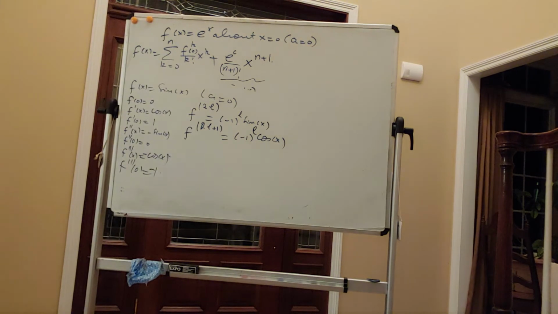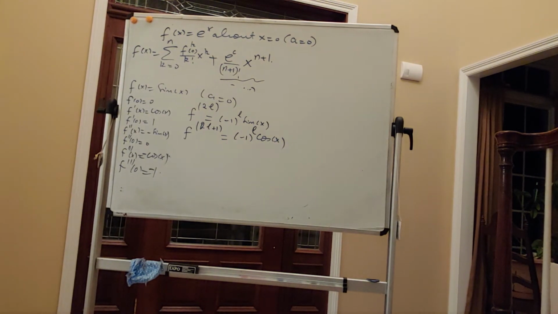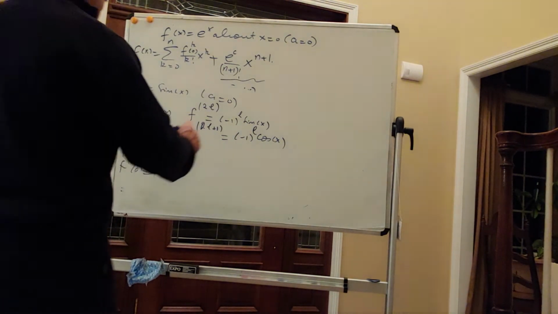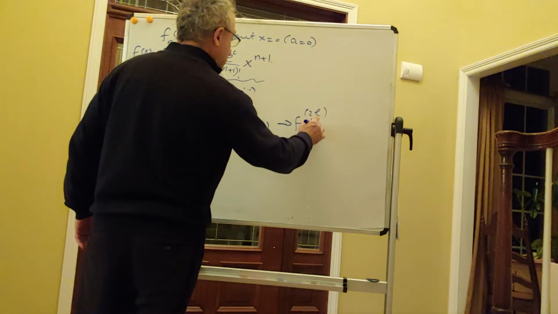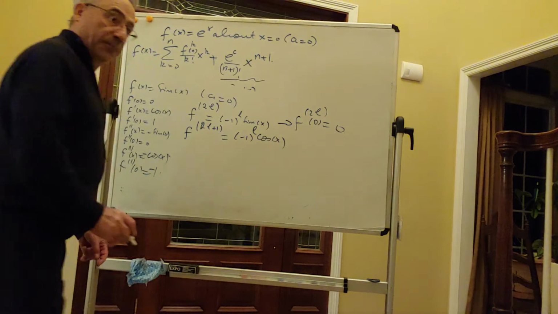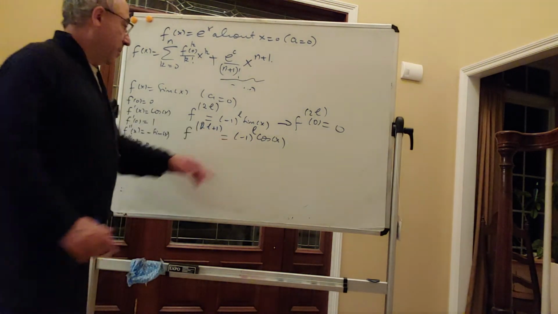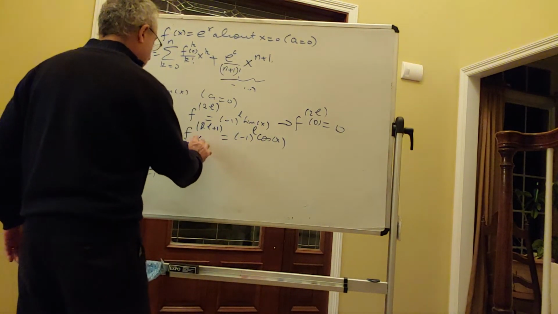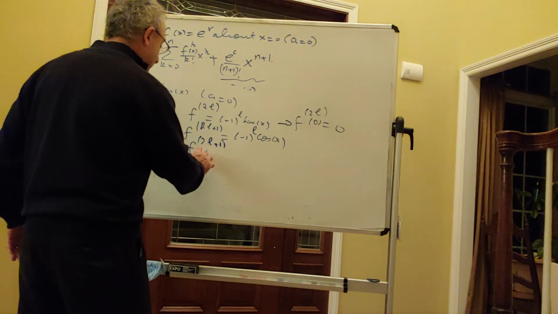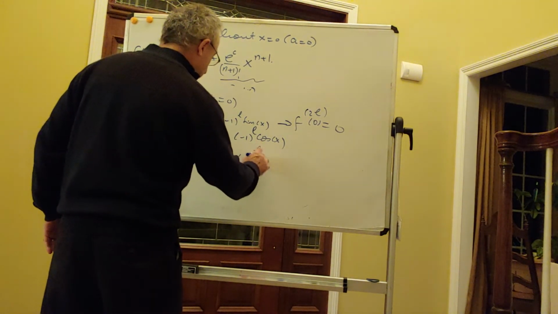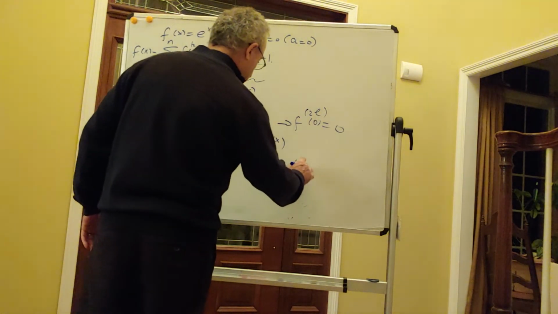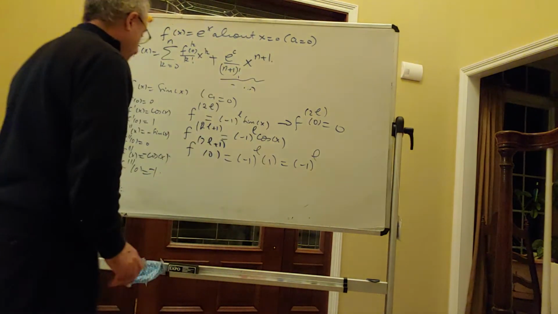Okay? And the funny part is, these f of 2L at 0 all give you 0, except this one. f of 2L plus 1 at 0 is minus 1 to the L times 1, that is minus 1 to the L.